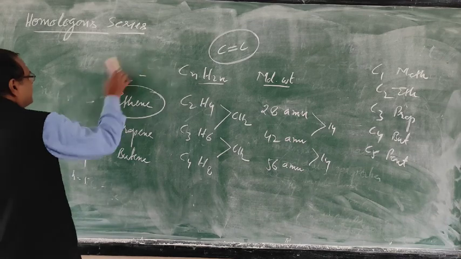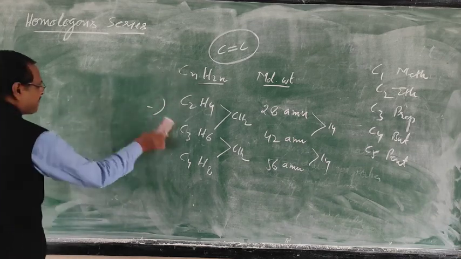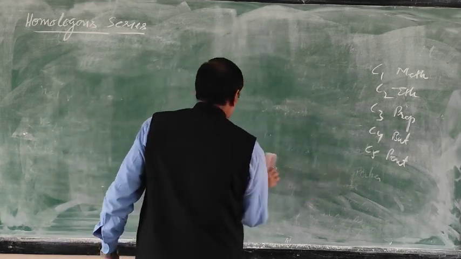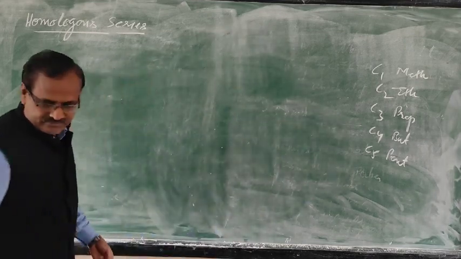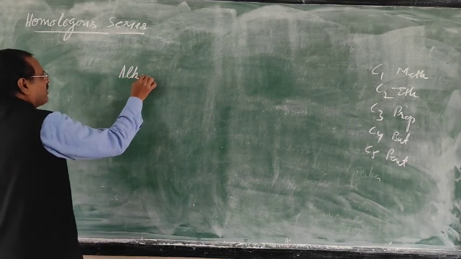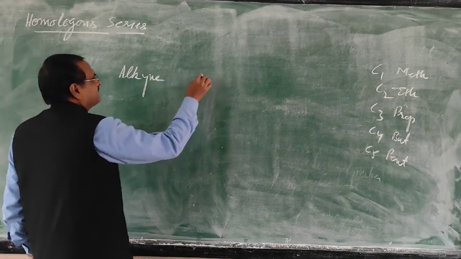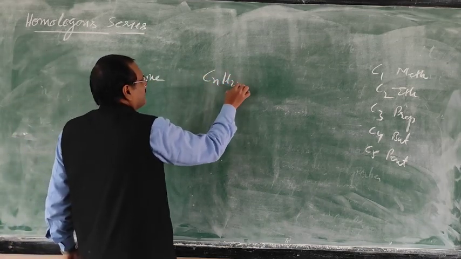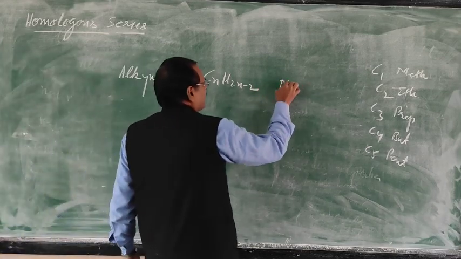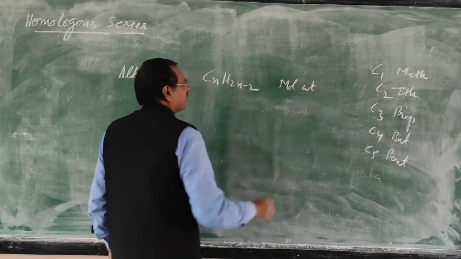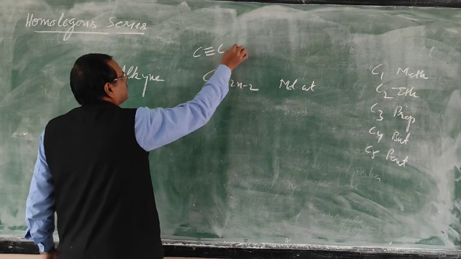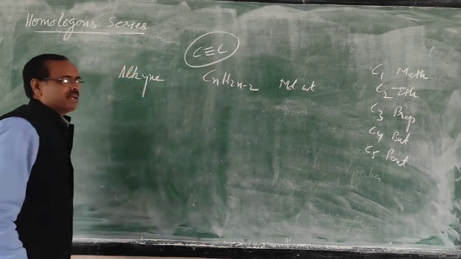Now next is the alkyne homologous series. The general formula of the alkyne is CnH2n minus 2, and here you can write the molecular weight. Here also it is compulsory that between 2 carbon atoms at least one triple bond is required.